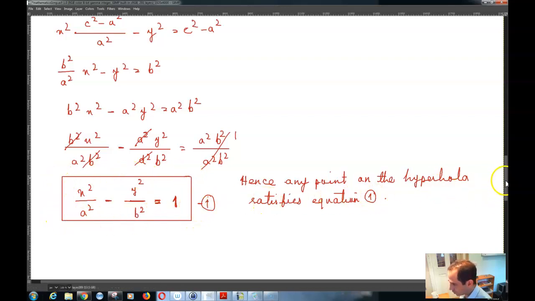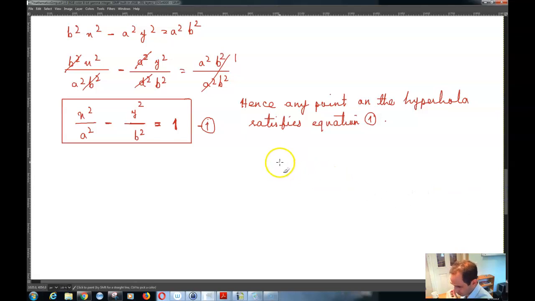Now, one more thing we need to show, so that our proof is complete, so that we can use this formula in two different ways. Right now what I can do is basically find any point.